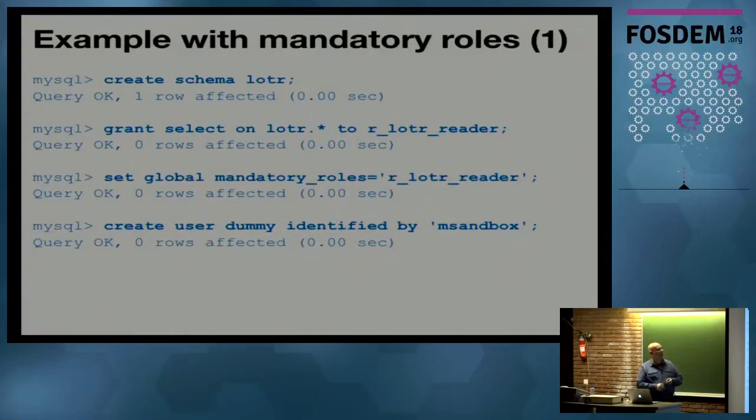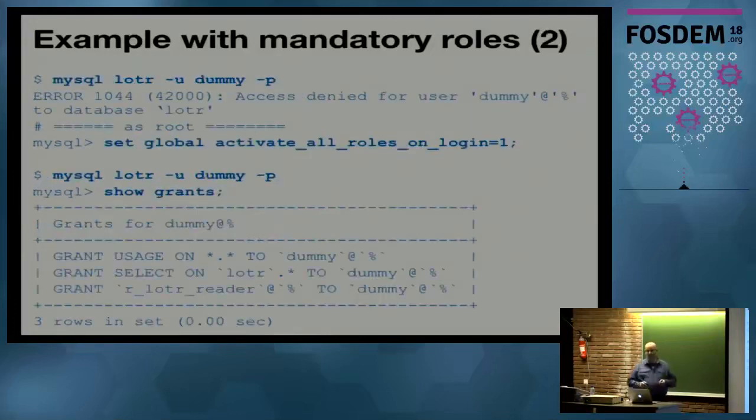So everybody can see the Lord of the Rings tables. I create a user identified by msandbox, and I don't give it anything. When I connect with this user, I get an error. Why? Because the role is not active.